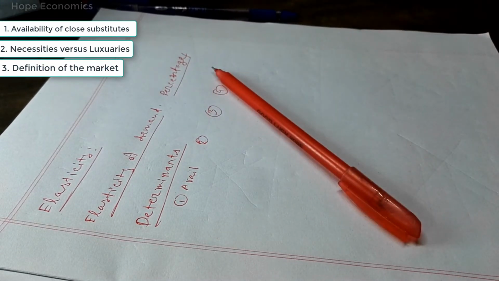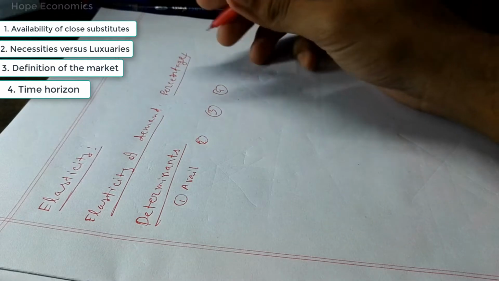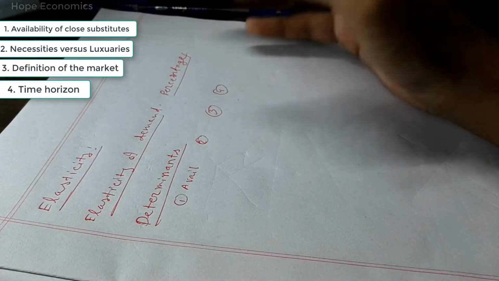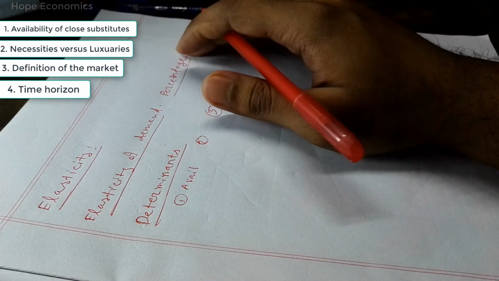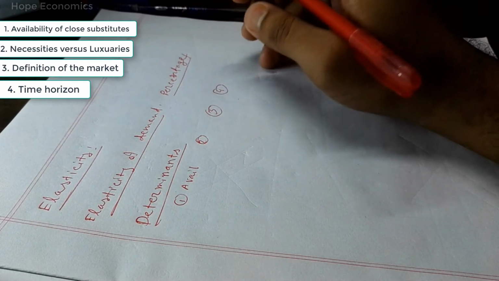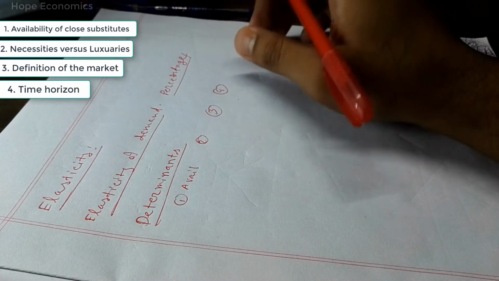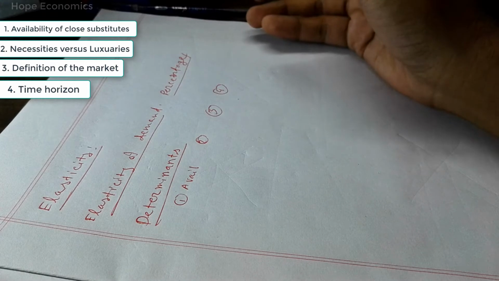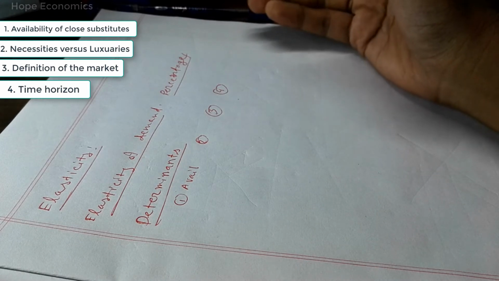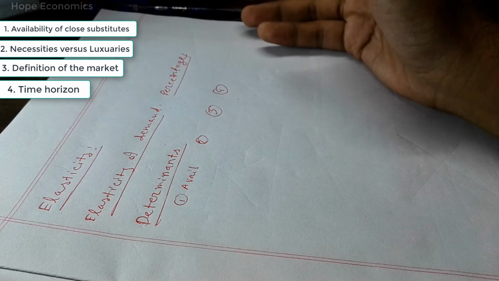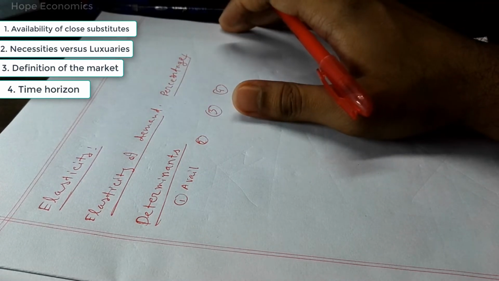The fourth one is time horizon. What does it mean? How is time going to affect elasticity? Say today the government increased the price of gasoline, so people are facing trouble right now because the price of gas increased.